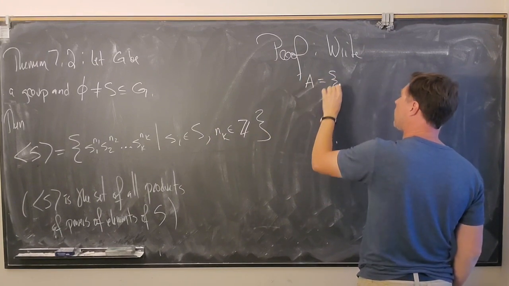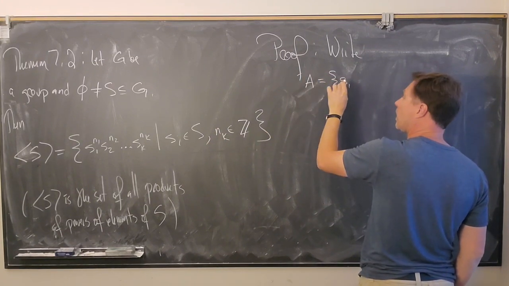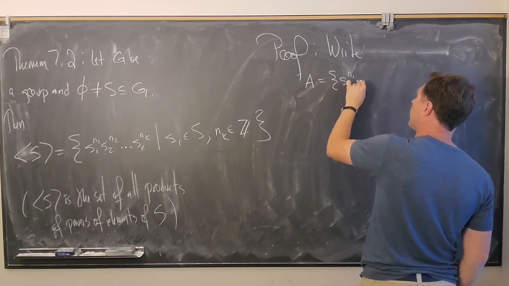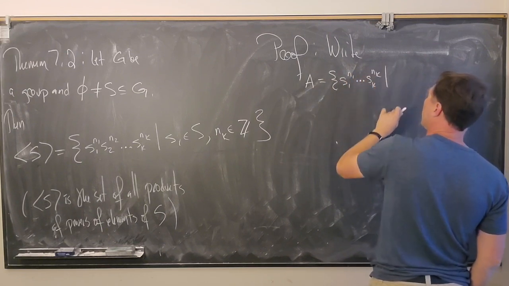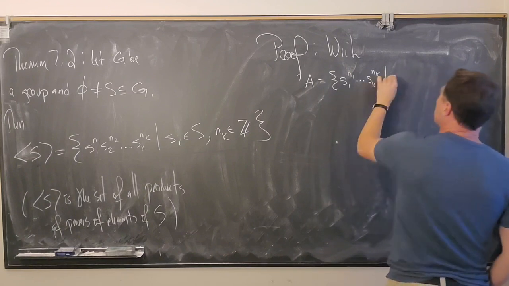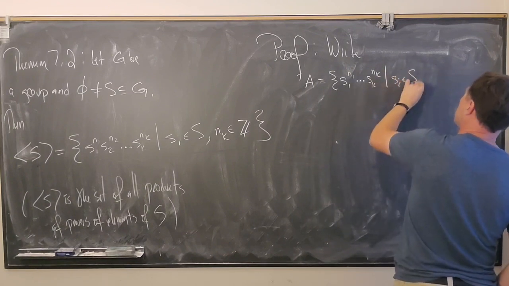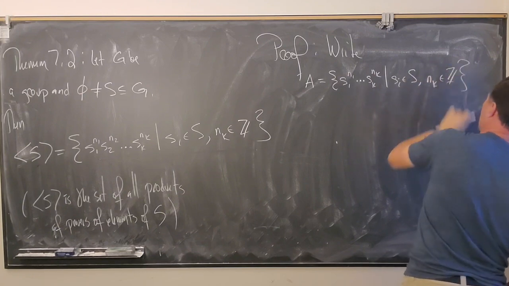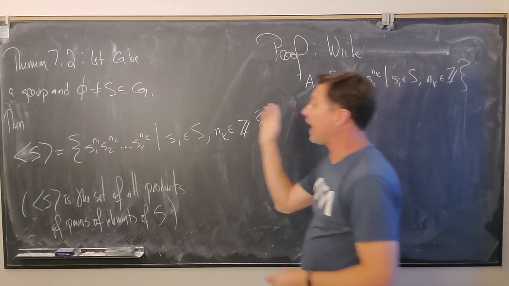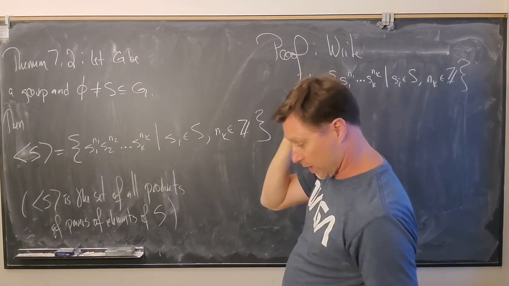That's the set of all things of the form S1 to the N1 dot dot dot Sk to the Nk, where Si is in S and Nk is in Z. Okay, so I need to show that angle bracket S is equal to capital A.